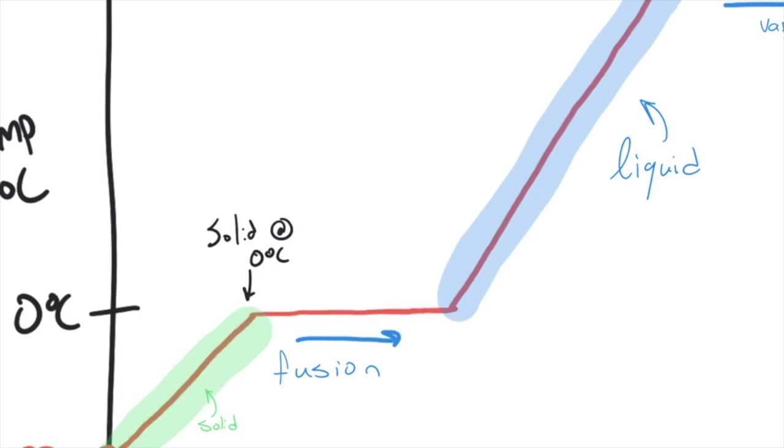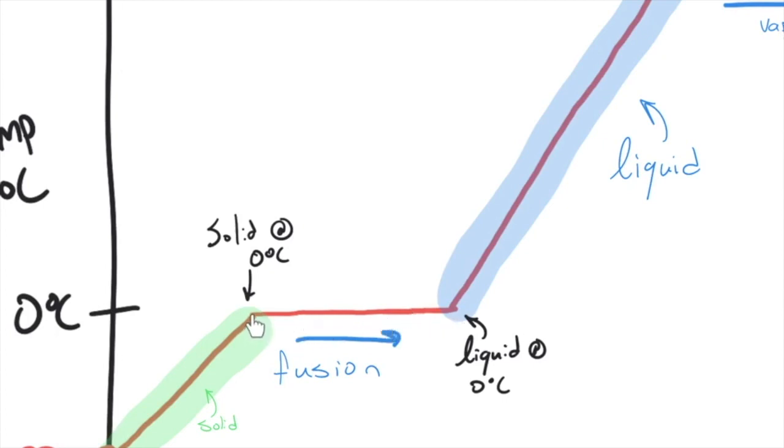Similar to this other side of the flat portion, where the intersection stops going horizontal and begins increasing in a positive slope, that is a very important part of this graph as well, because that area represents liquid water at 0 degrees. So it's important to note that anywhere between the solid at 0 and the liquid at 0 could be a mixture of both solid and liquid.